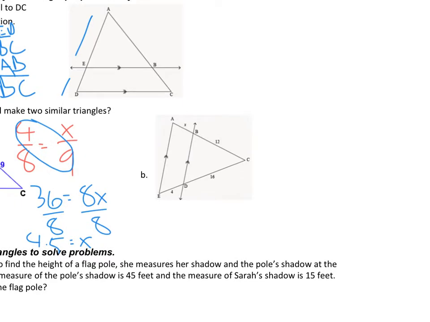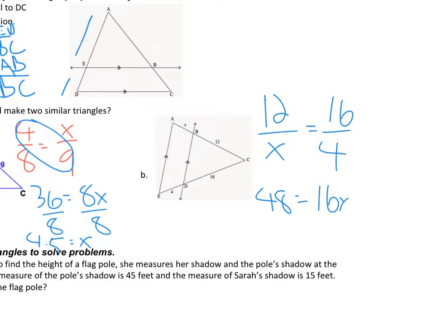Hey, on B, same type of question. Let's go 12 is to x as 16 is to 4. Cross multiply, and you get 48 equals 16x.